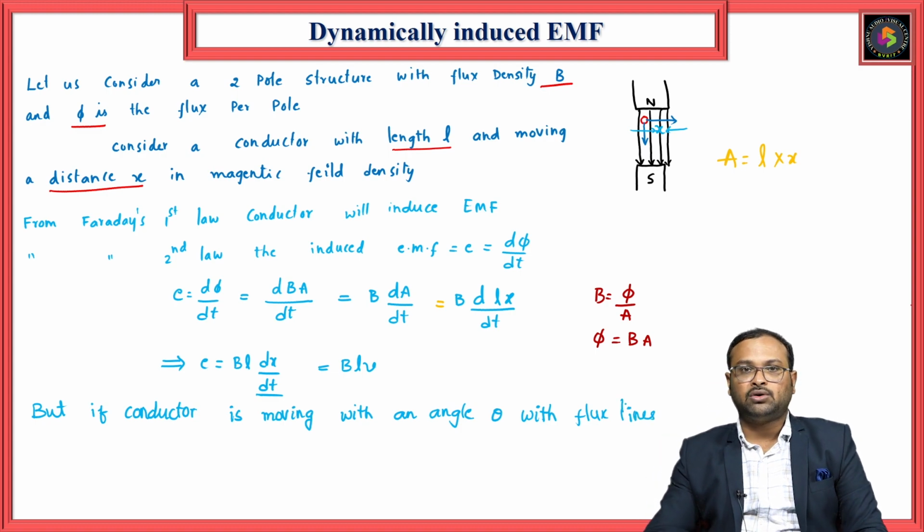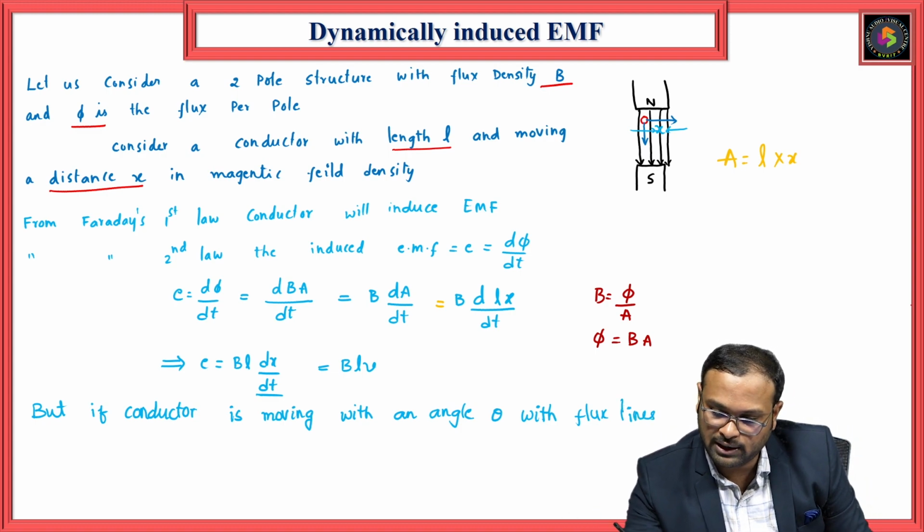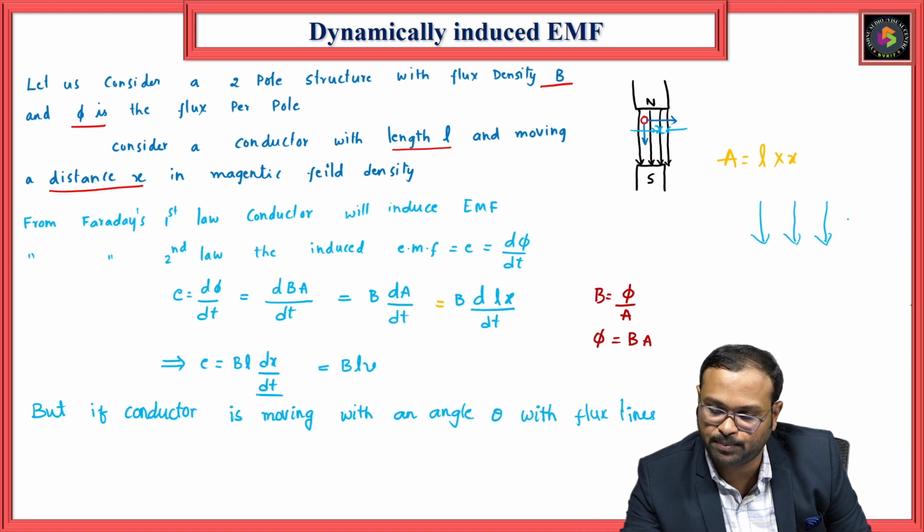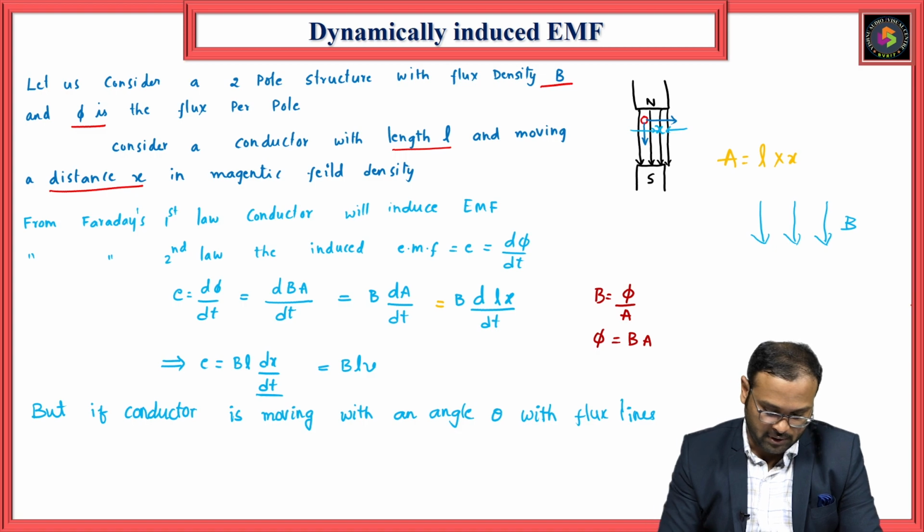What will happen? Now we will see a little bit of mathematics. Suppose this is the direction of the flux density, that is B.